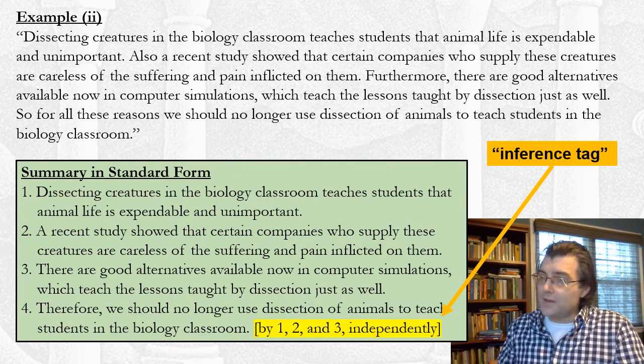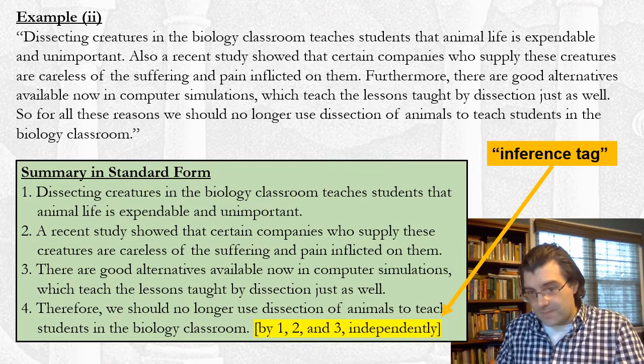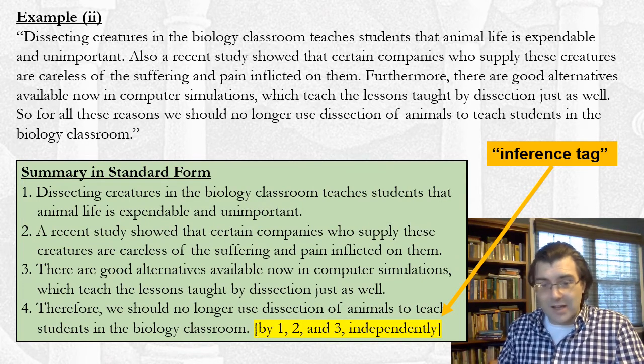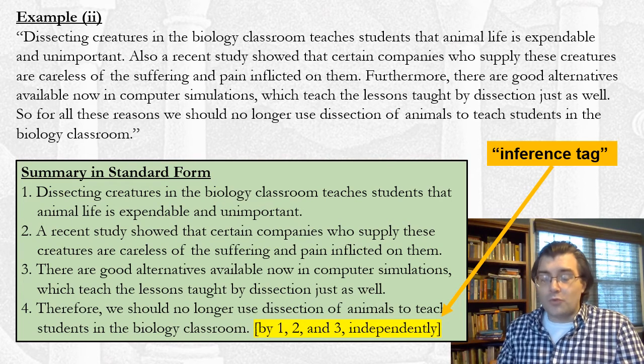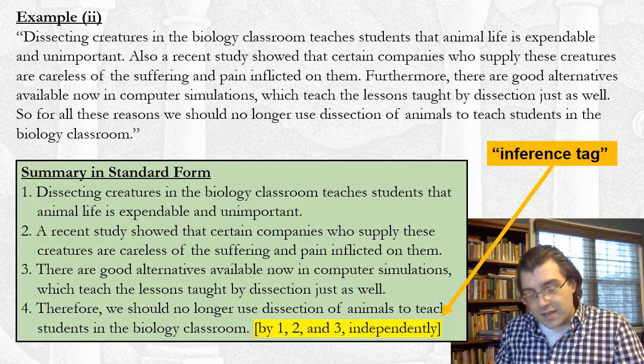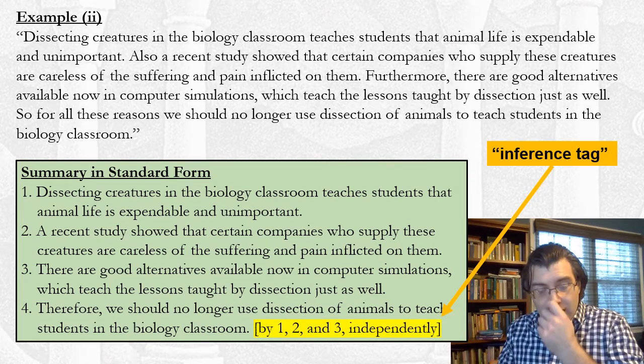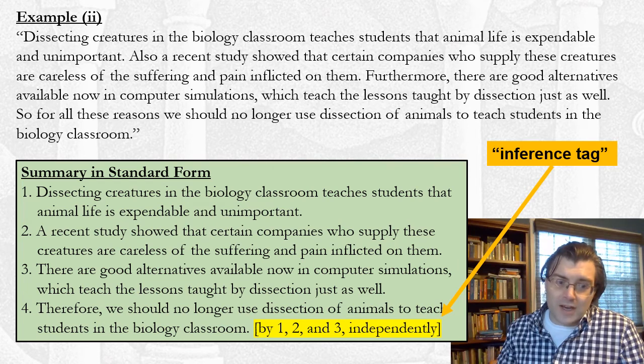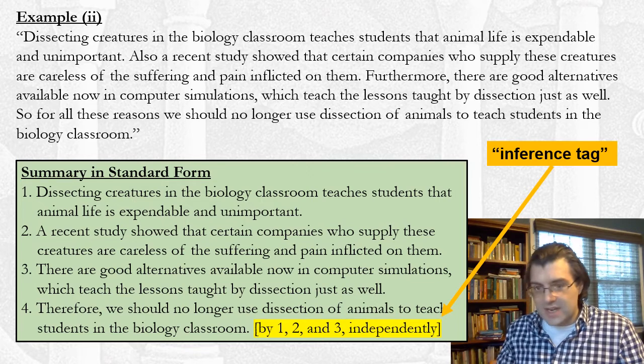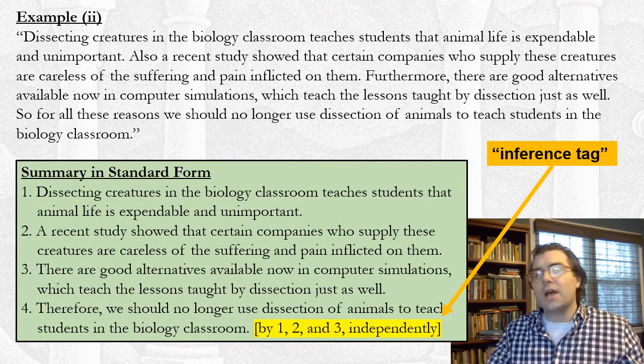None of them needs the others to be true in order for it to be true. So 1, 2, and 3 are each offering independent lines of argument for the conclusion. A way to express that with inference tags is to say from 1, 2, and 3 independently, or by 1, 2, and 3 independently. You would want to indicate that the support is being provided by each of those claims independently rather than jointly, and we'll distinguish independent support and joint support in just a moment.